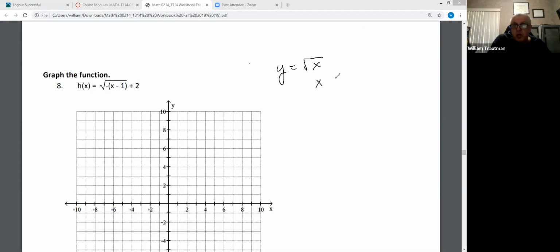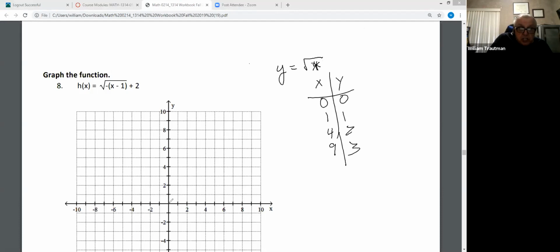I'm just going to draw this for you really quick. If x is 0, the square root of 0 is 0. If x is 1, the square root of 1 is 1. Put a 2 in there, the square root of 2 is a decimal, so I'm not going to. I'll put a 4 in there. The square root of 4 is 2. Then a 9, the square root of 9 is 3.